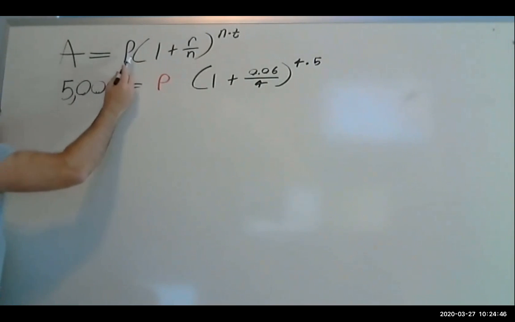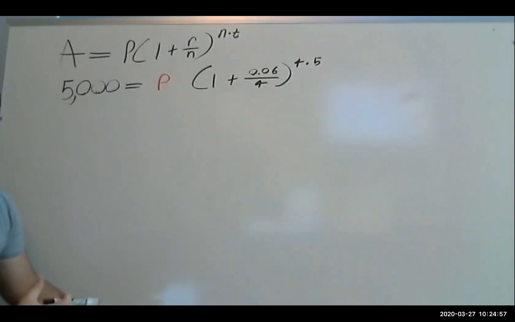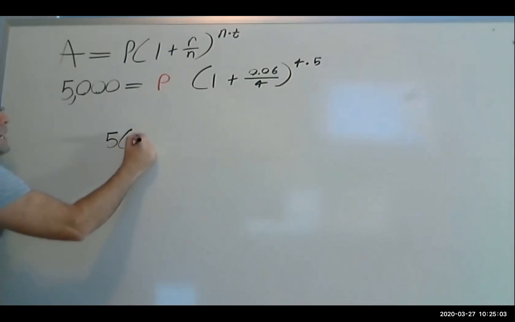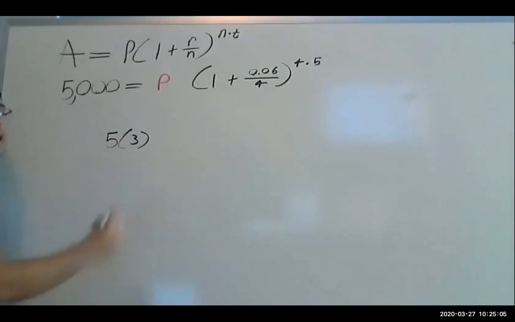If you just have a number outside the parentheses, what do we assume you're doing to it? You had 5 and 3 like that.